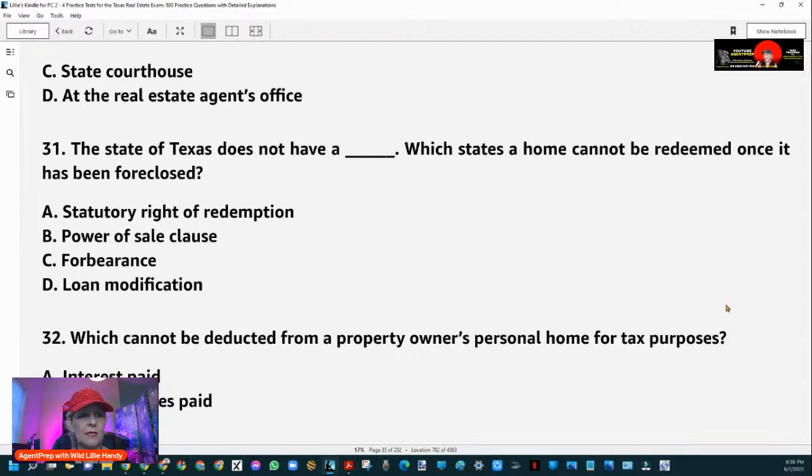So the state of Texas does not have a blank, which states a home cannot be redeemed once it has been foreclosed. Type your answer in the chat. So that is knowing the Texas law.